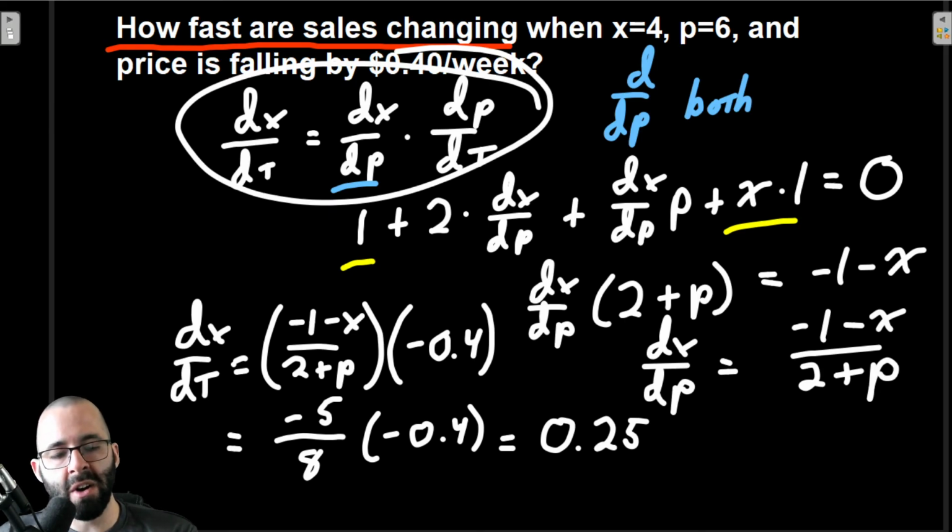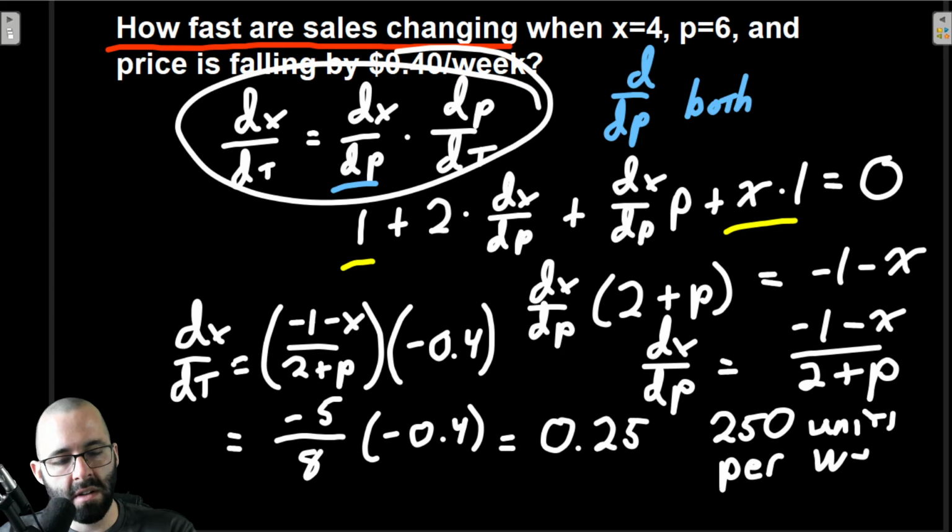The units of the numerator are thousands of units. So we could say 0.25 thousand, or we could say 250 units per unit of time. Unit of time is weeks. And specifically, it's growing by 250 units every week.